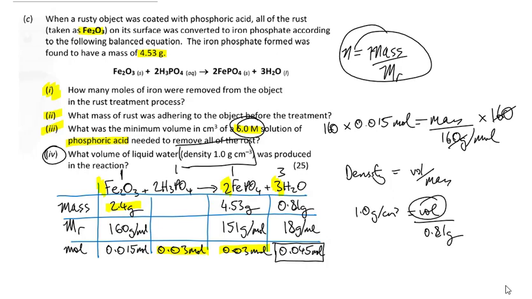To isolate the volume, we're going to multiply both sides by the volume and divide by the density. And 1 by 0.81 equals 0.81 centimeters cubed as the volume. So that's our answer for the last part.